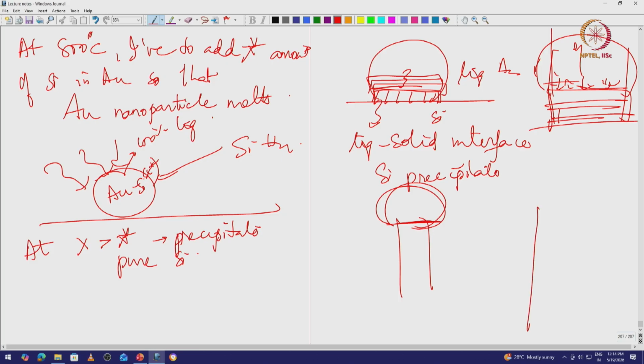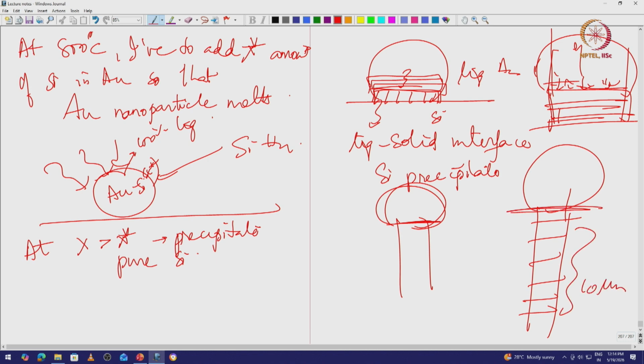Eventually I will get a single crystalline nanowire with a gold droplet on top, once it has grown to some 10 microns or whatever. The size of the nanowire is determined by gold size, and the gold size can be 10 nanometers or 2 nanometers, whatever it is. If I control the size of the gold, I can make the nanowire size also small.